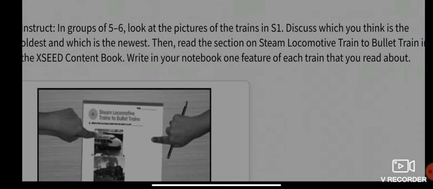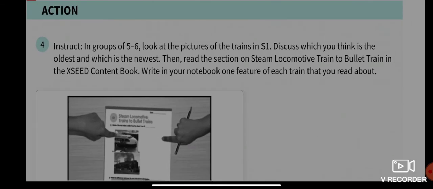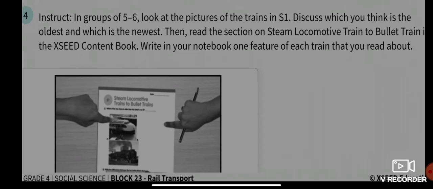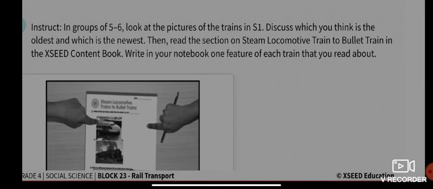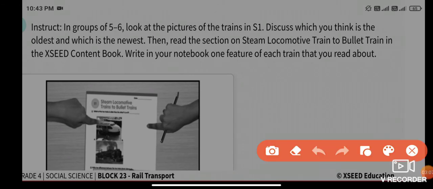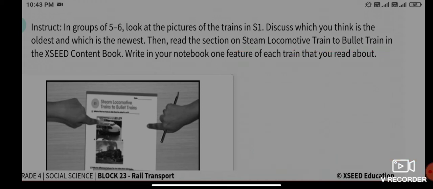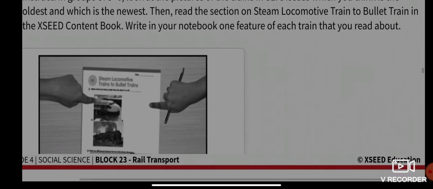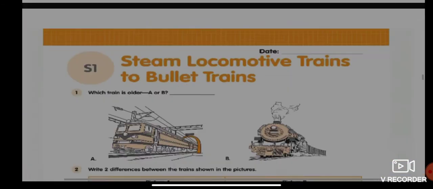So first look at the picture of the trains in worksheet S1, then read the section in your exit content book, and then in your notebook write one feature of each train that you read about.